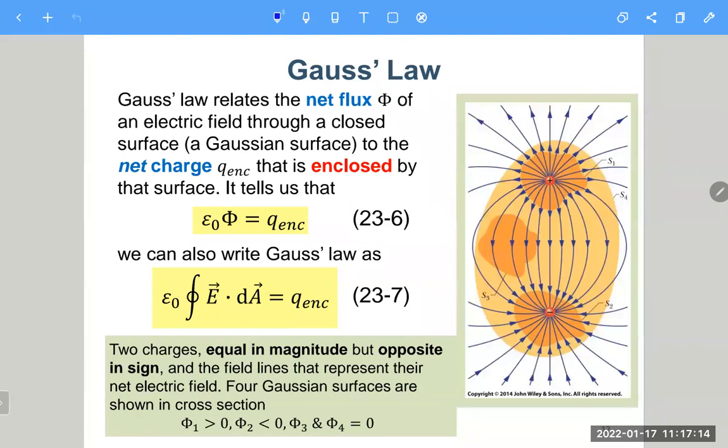Okay, so actually we have not introduced Gauss's law yet. We only introduced how to calculate the electric flux. And in such a way, we are introducing Gauss's law here.